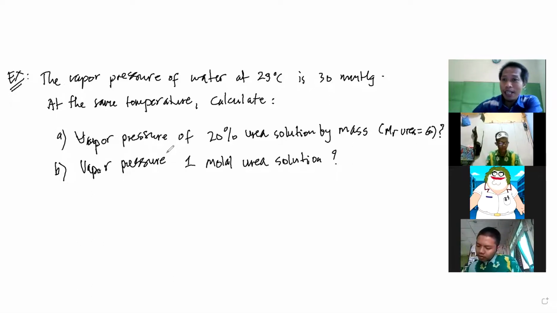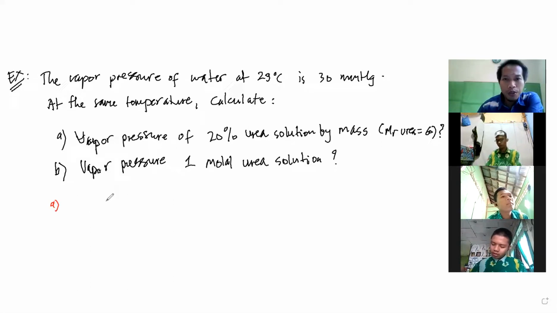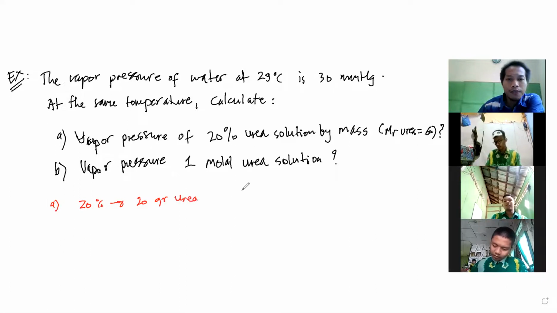All right, let me answer part A first. For part A, we have a 20% solution of urea by mass. So 20% means 20 gram urea in 100 gram solution. Mass of urea is 20 gram.